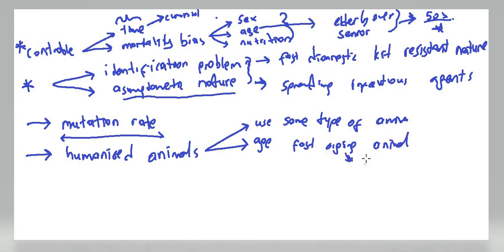So, humanized mice. Okay, because mice age faster than humans. Okay, so humanized mice are a good candidate for this aim.